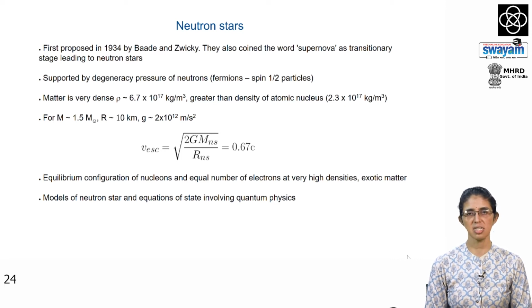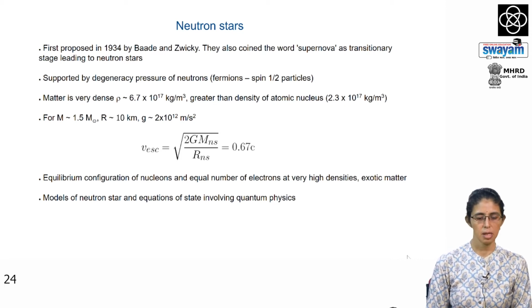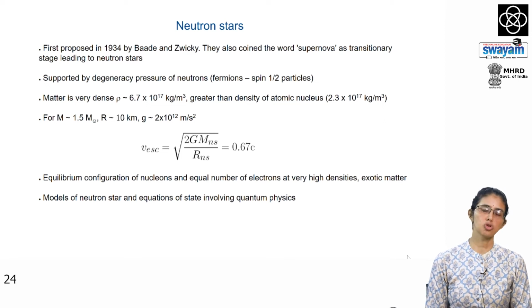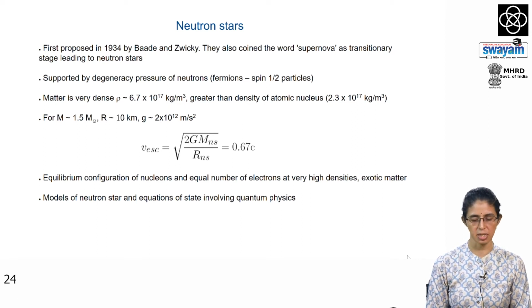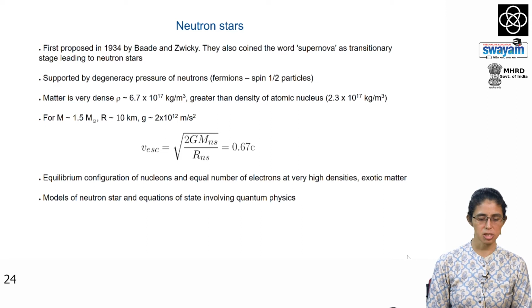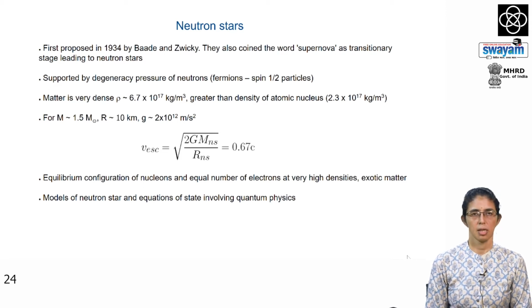That is, it can exceed the atomic density. So, if we consider a neutron star whose mass is 1.5 solar masses, then the surface gravity is of the order of 10^12 meter per second square, and the escape velocity is a high fraction of the velocity of light.